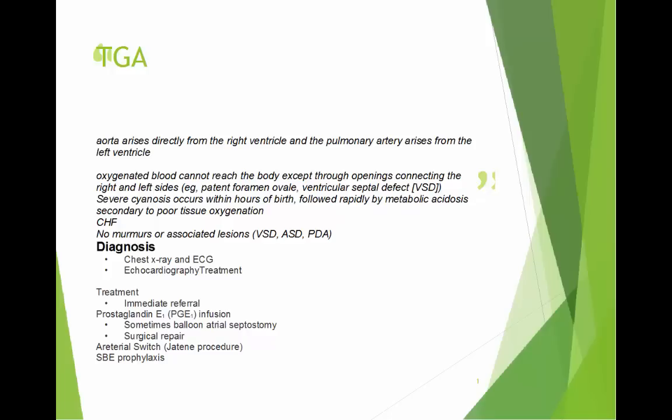A balloon-tipped catheter is advanced into the left atrium through the patent foramen ovale, then is inflated, and a radiopaque dye is injected into the opening. Definitive repair is the arterial switch, which is called the Jatene operation. This is typically done during the first week of life.